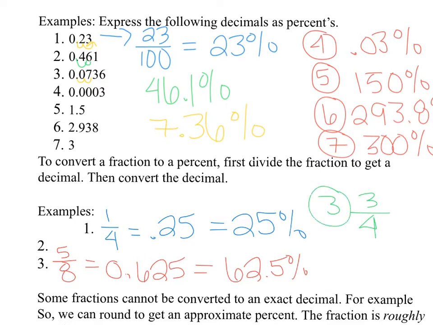I'm going to give you just a minute to try that one, and then I'll put your answer on. For your decimal, you should have gotten 0.75 or 75%.